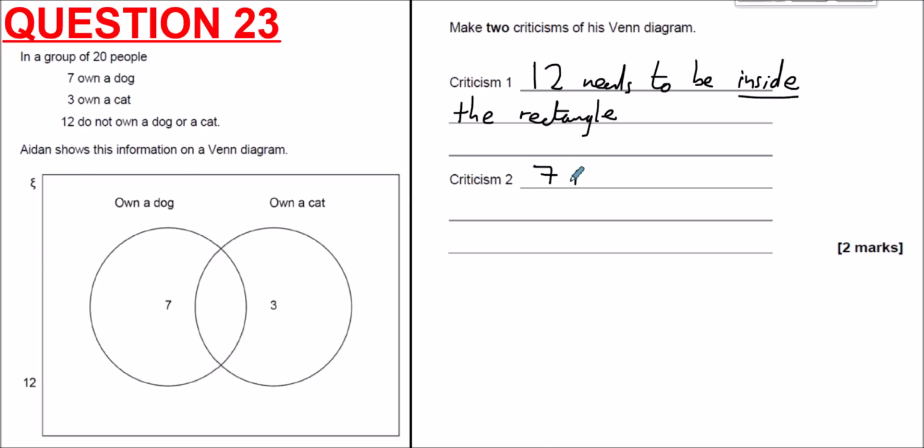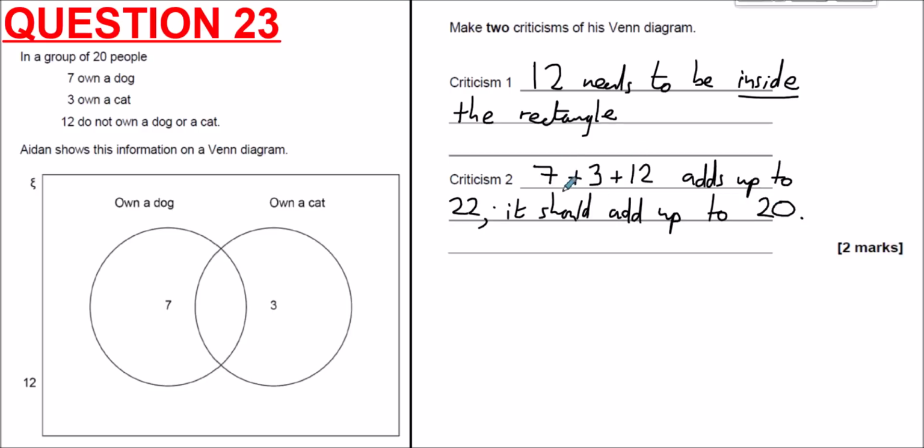So 7 plus 3 plus 12 adds up to 22. It should add up to 20. Now that should do.